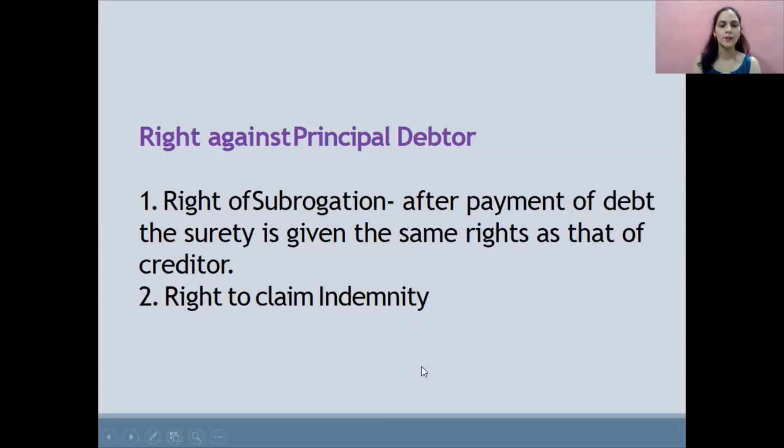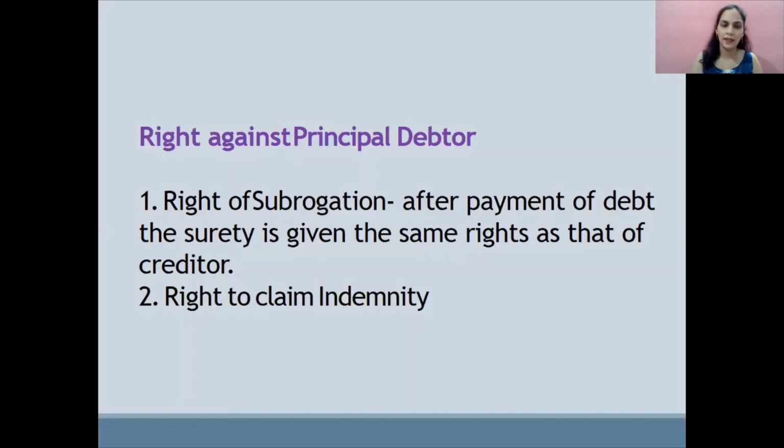Then next is right to claim indemnity. Obviously this particular amount which the surety is making payment on behalf of the debtor is a loss to him. That is not an amount which he has earned or which he has used. So that amount is a loss in case of surety.